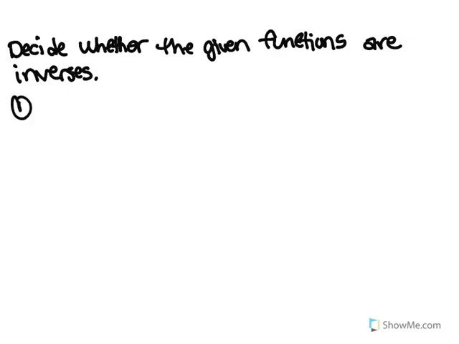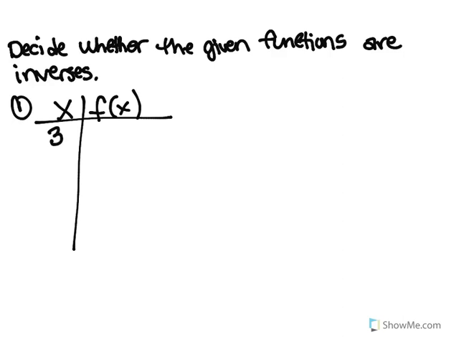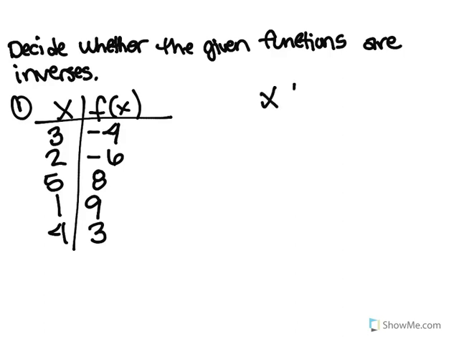So, if I give you a T-chart and we got x and f of x just means y. We have 3 and negative 4, 2 and negative 6, 5 and 8, 1, 9, 4, 3. And then we have the g function, which again just means y.